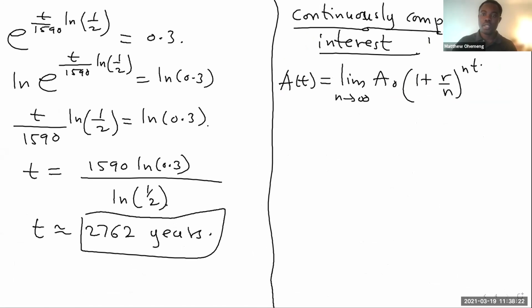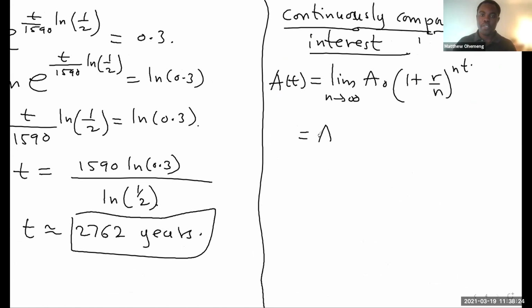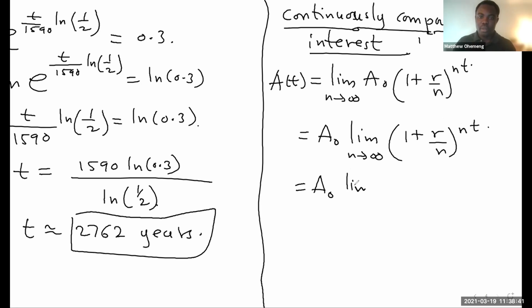Now, A of 0 is a constant, so you can pull it out, and then you have the limit as N approaches infinity of (1 plus R over N) to the NT. Let me do some manipulations here.